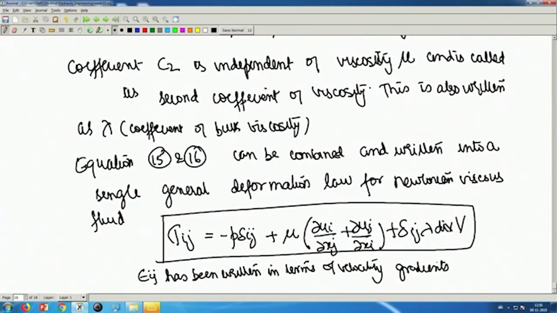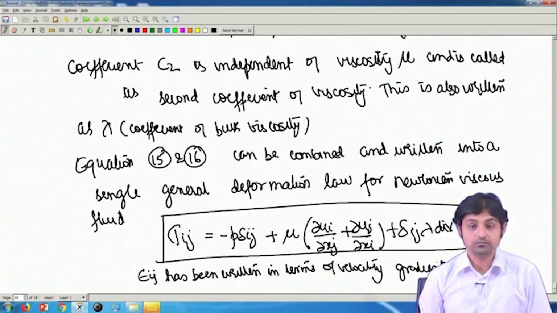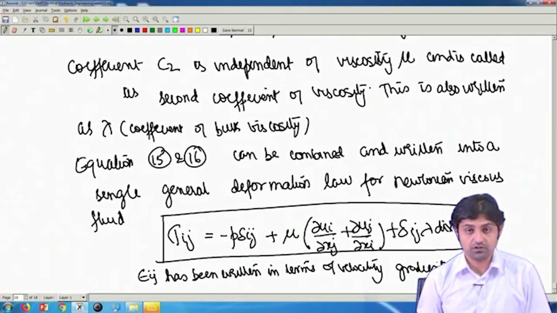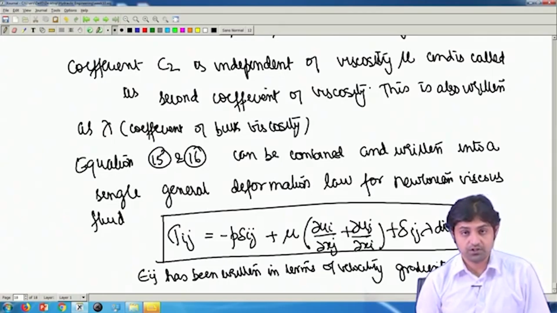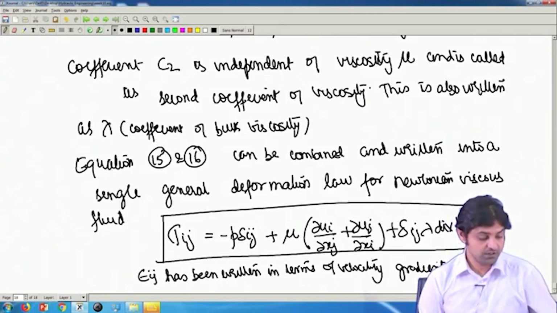You remember our lecture 1? So, in lecture 1 we have derived this epsilon ij, the shear strain rates, and we wrote in terms of velocity gradient. So, I think this is the nice and appropriate point to stop.